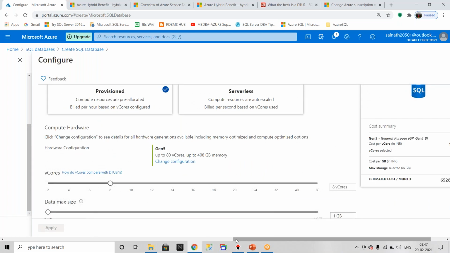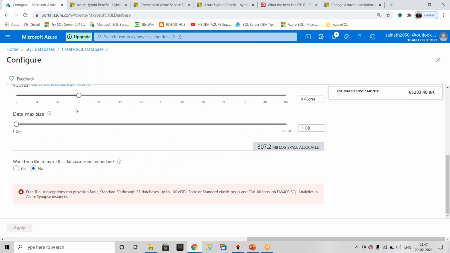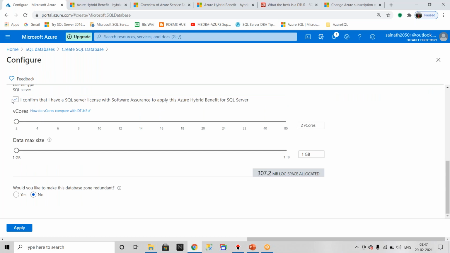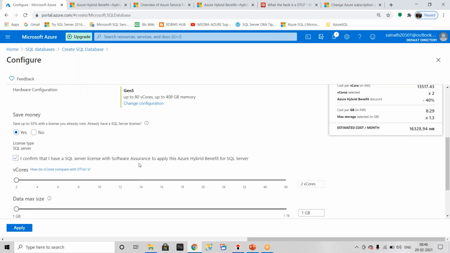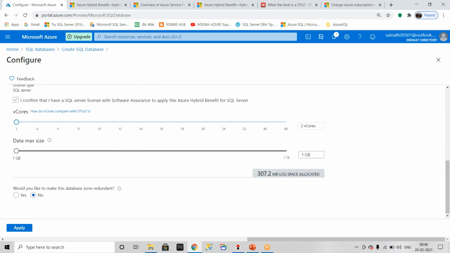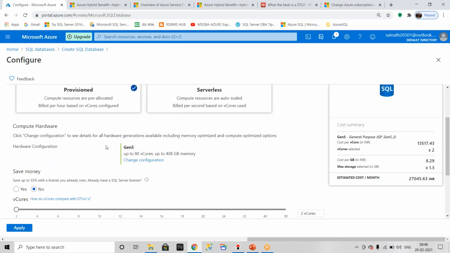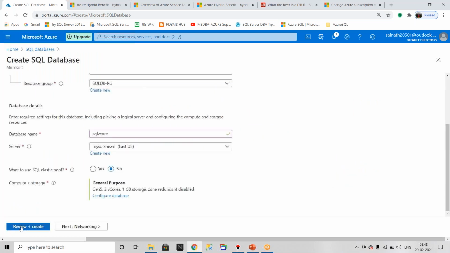Scroll left. Let me stick with 2 GB only. Click on apply.